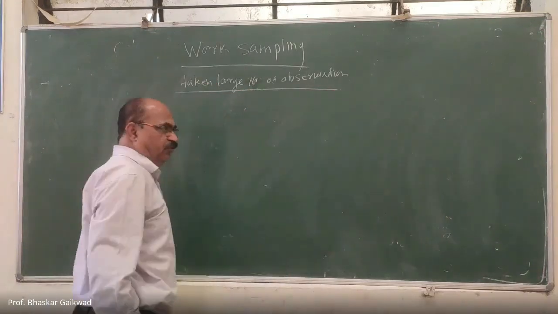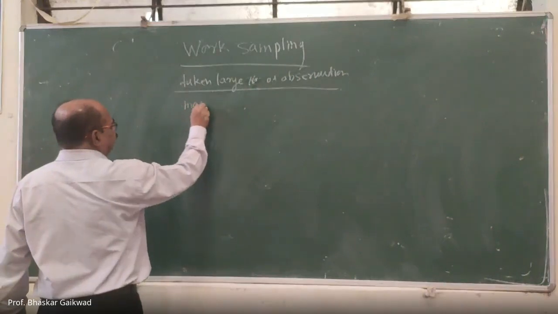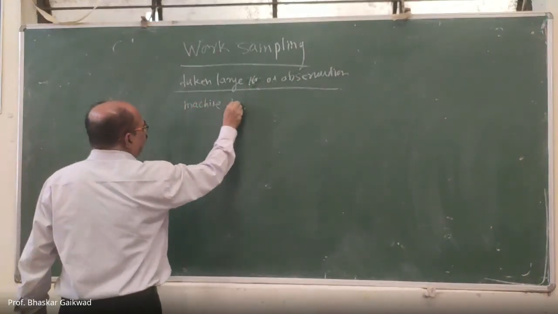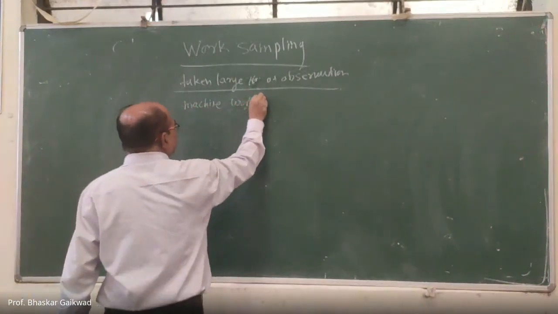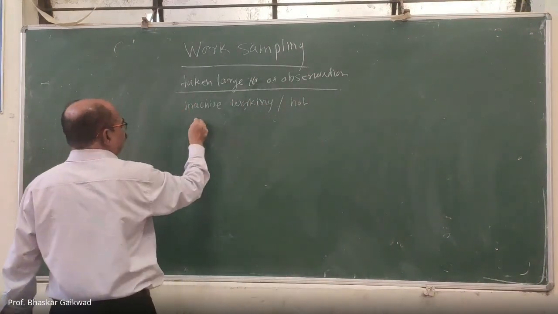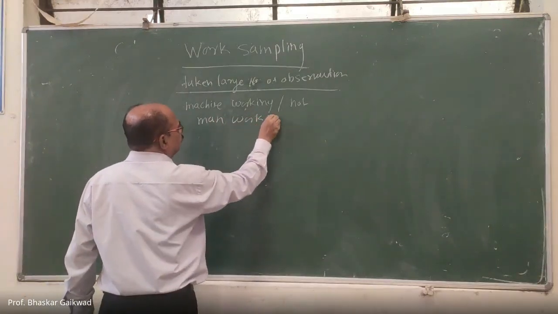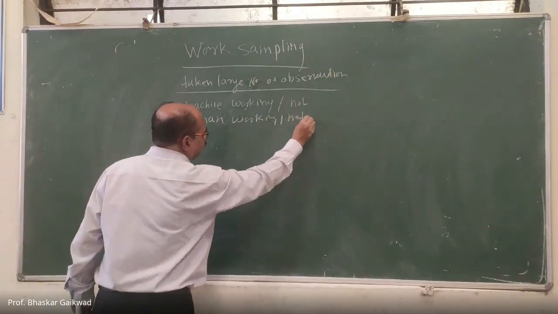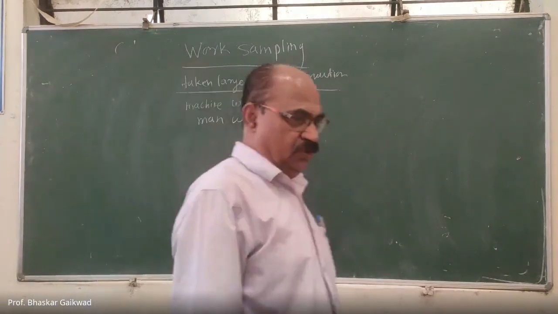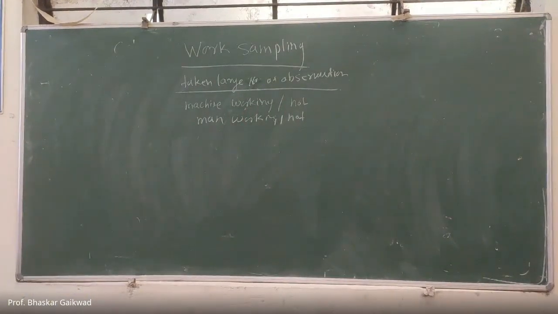And what are we going to study here? Machine working and man working. How many times is the machine idle? How many times is the man idle? This is the theory.